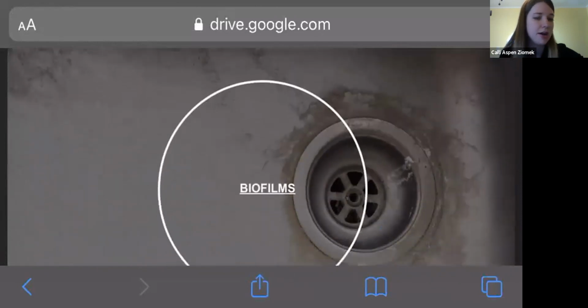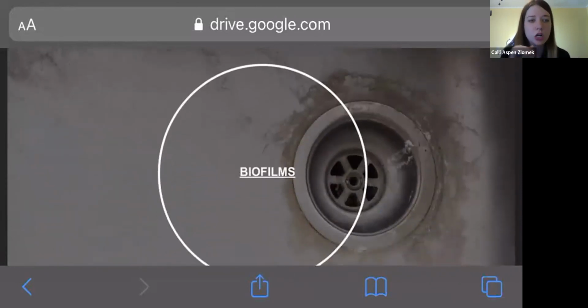And then biofilms, those are the stuff that lives in your sink. As you can see in the image right here, it kind of looks like there's toothpaste stuck around the rim of your sink. Those are biofilms. They are colonies of microorganisms that adhere to environmental surfaces, as well as the human body.